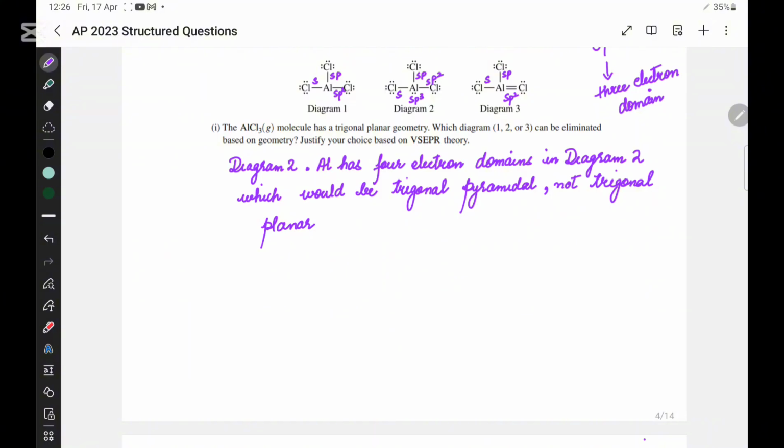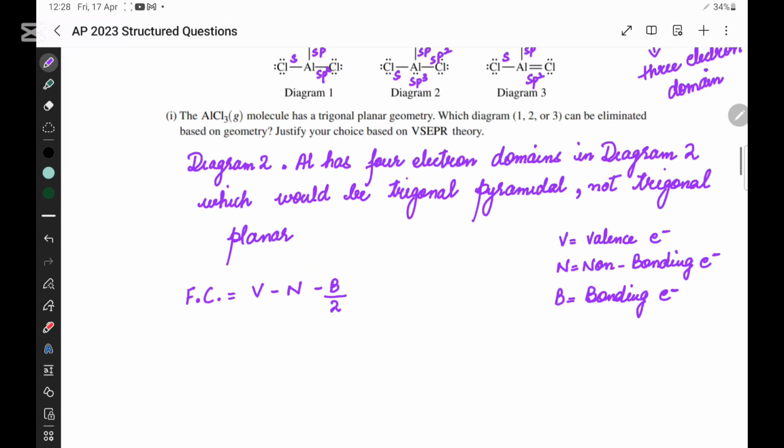The formula for finding the formal charge is, formal charge is equal to valence electrons minus non-bonding electrons minus bonding electrons divided by 2. So V represents valence electrons, N represents non-bonding electrons, and B represents bonding electrons.